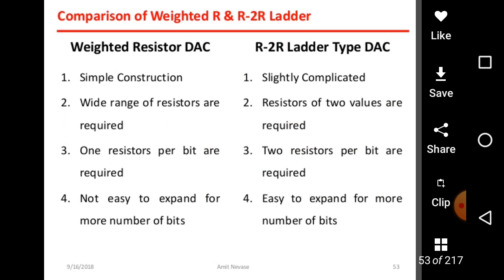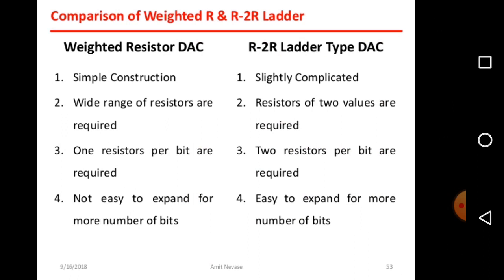In binary weighted, one resistor per bit is required; in R-2R, two resistors per bit are required. Binary weighted is not easy to expand for more number of bits. R-2R is easy to expand for more number of bits.